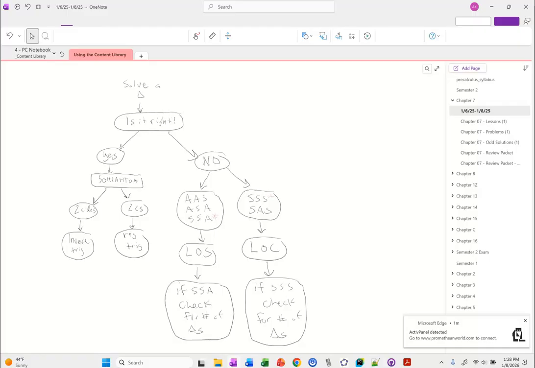And we noted in our little diagram that the SSA and SSS cases have a couple of checks that we have to do before we get started, because some of these problems aren't possible depending on what we're given.